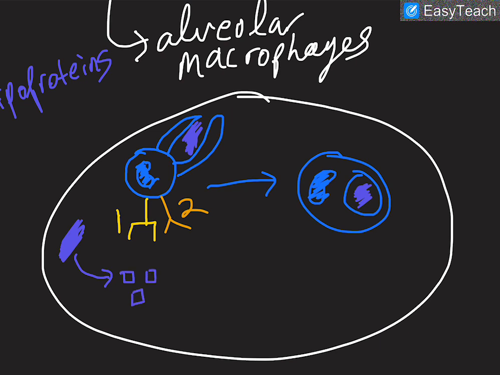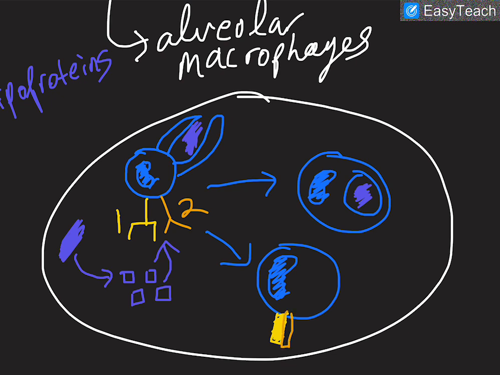These can bind onto toll-like receptors 1 and 2, which will lead to their dimerization. I'm going to draw it simply like this: this is toll-like receptor 1, and this will be toll-like receptor 2.